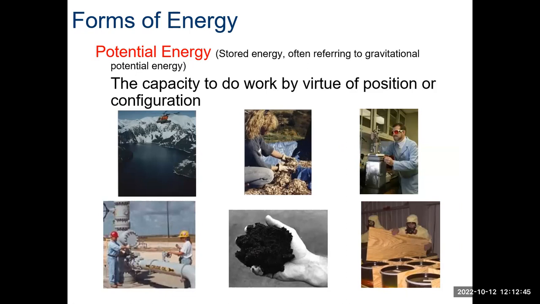We have elastic energy: stretching a rubber band gives it electromagnetic potential energy. We have electrical energy: applying voltage to a conductor gives the conductor electromagnetic energy. Then we have chemical energy, as well as thermal or heat energy. We're going to be talking a lot about that in our next unit when we cover thermodynamics.